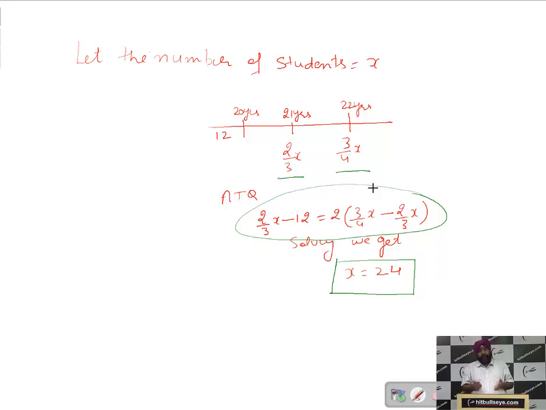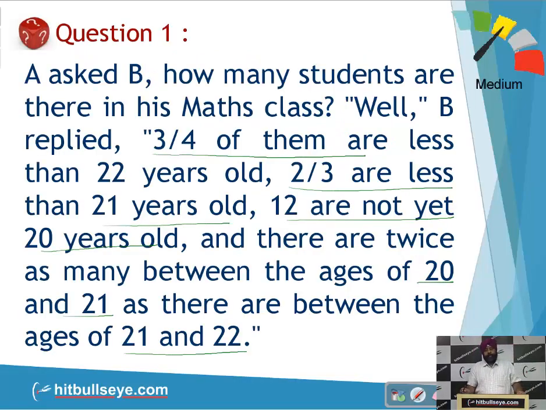So what is the fan solution of this question? Let us see. Can the number of students be in fractions or in points? Definitely no. In the question, we are talking about 3 by 4 of the students as well as 2 by 3 of the students. Can the number of students be in points or in fractions? No. So if they are not in fractions, the answer should be a multiple of 4.